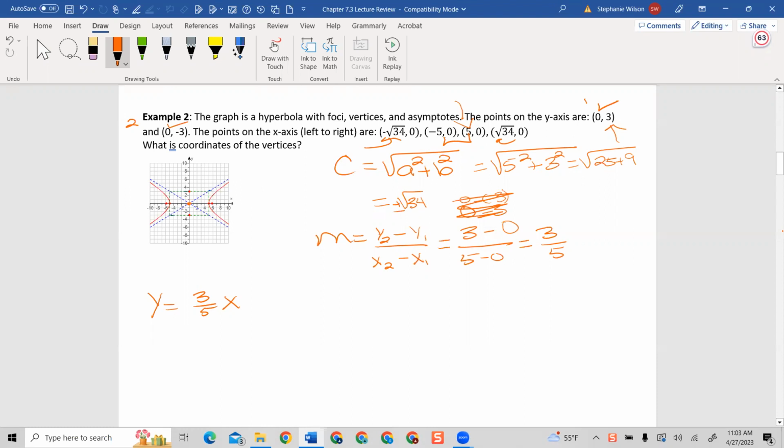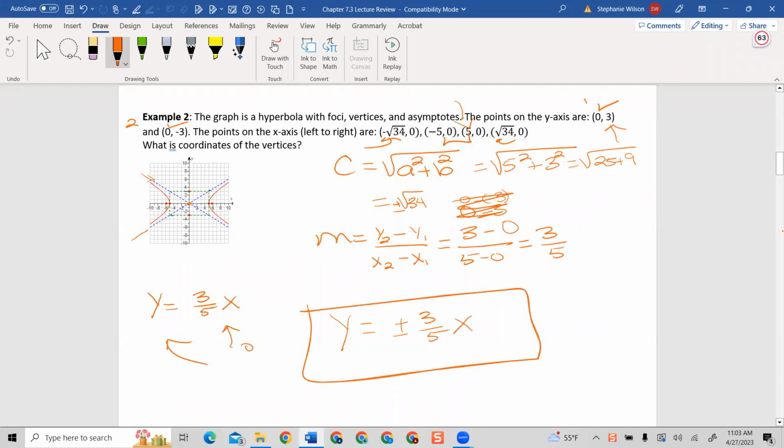It's already plotted, but if I plugged in 0 here, I get 0 there. So because we're looking at the slope, these blue dotted lines, we know that we're going to have plus or minus 3/5 x. And this answers what it asked us to do.